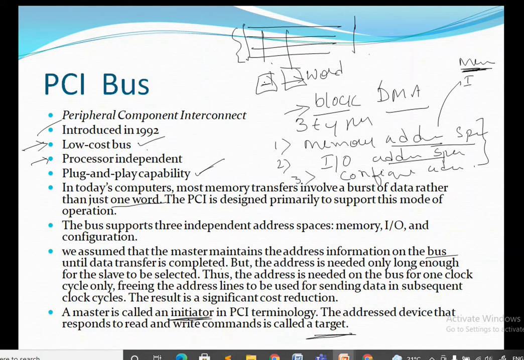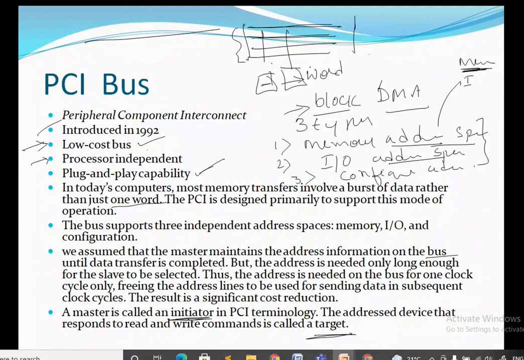For such a long time, the address and data information should be available on the bus. It is not simply coming and going; it should be there on the bus for some amount of time. The address and data should be available till the IO devices read or write the data onto their storage, that is the buffer.